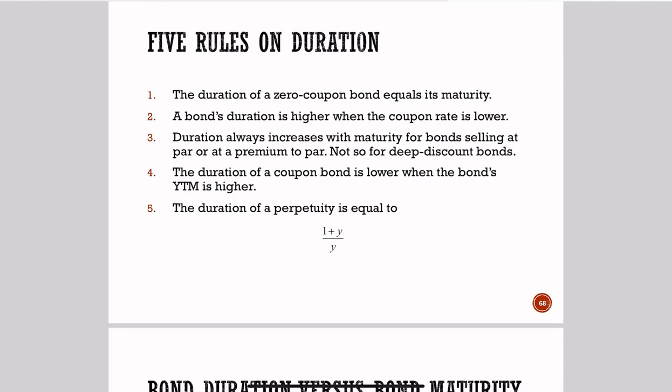The surprising result is if the bond has a very deep discount, right? Let's say its coupon payment is much lower compared with the yield, then possibly, as maturity increases, the duration for this bond will actually decrease.